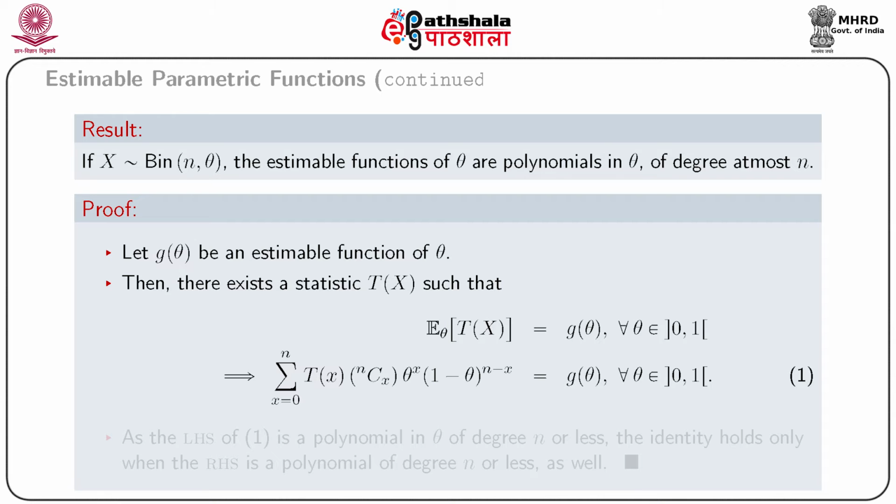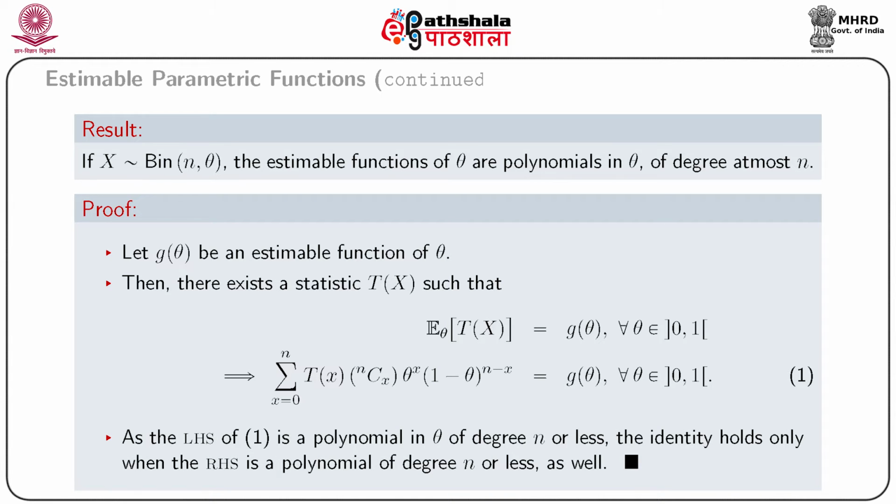We write this equation as 1. Since the LHS of 1 is a polynomial in theta of degree n or less, therefore to hold the identity, the RHS must be a polynomial in theta of degree n or less.